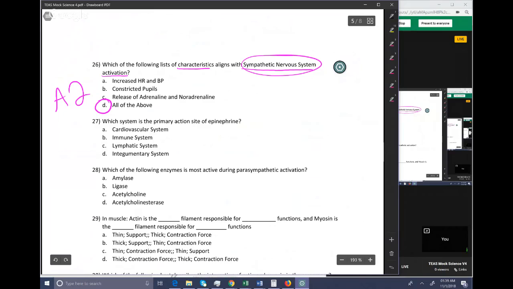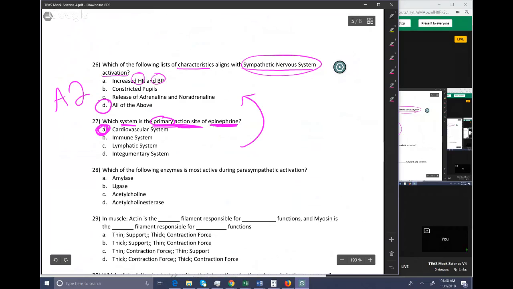Questions 26, 27, and 28 go together. Which system is the primary action site of epinephrine? There are multiple action sites for epinephrine, which is why they say primary. The question above actually gives you a bit of a hint because it reminds you that a lot of the characteristics we describe have to do with the cardiovascular system.